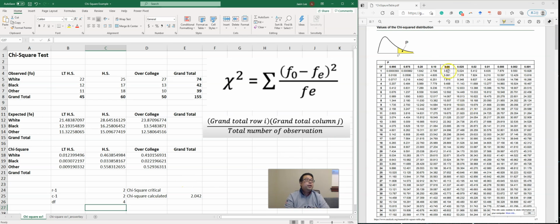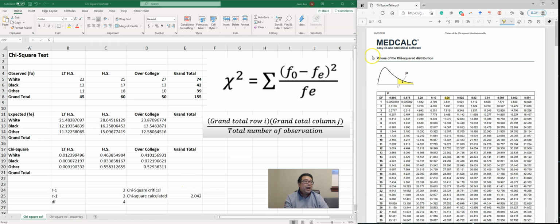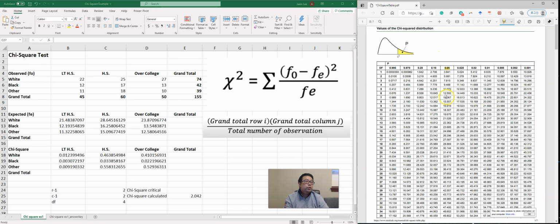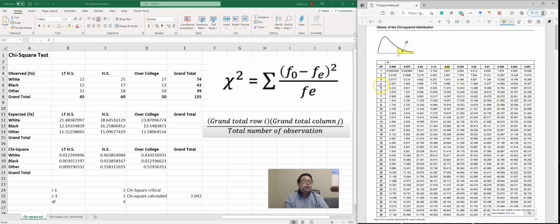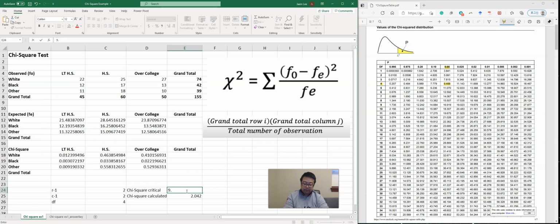So we are using 0.05 in the chi-square table. I already have it in the Moodle. And then the 4 is here, and the intersection is 9.488. So in this example, the chi-square critical is 9.488, but our calculated chi-square statistic is below the chi-square critical.